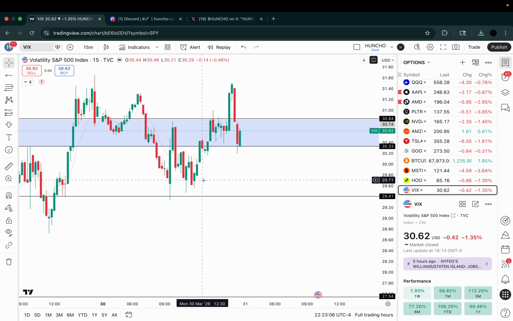I was a little bit hesitant on holding. There was a little bit of uncertainty, especially on the pops. But I was still holding my ground, and I was like, you know what? We're still above 29.41, and I'm not going to let this go until this play is actually validated.